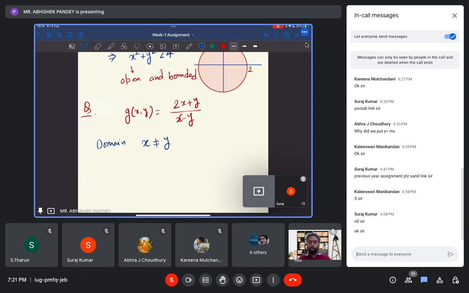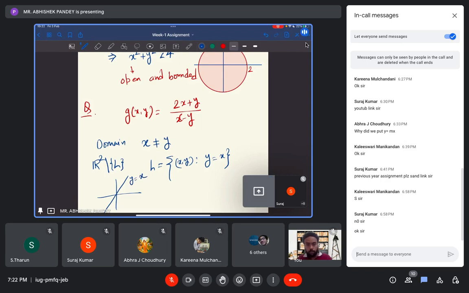Clear? Yes. So in R2 we have to remove the line L, where L is x comma y such that y equals to x. Means from this plane we are removing this line y equals to x. So this is also not bounded.